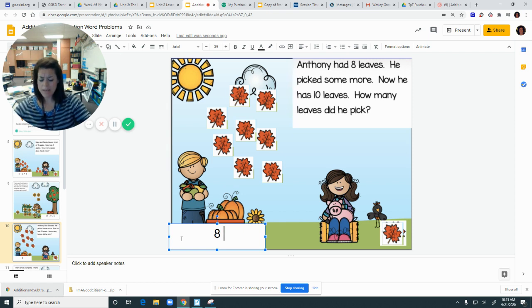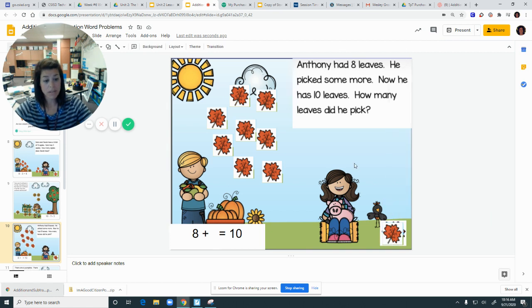Do we know how many we're adding? Nope. But we do know that we're going to end up with 10. So I have to figure out how many it will take me to get to 10. Well, I have 8. I put another one in. That's going to be 9. And this is going to be 10.